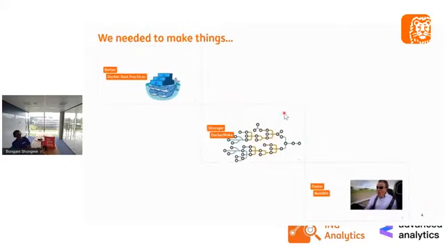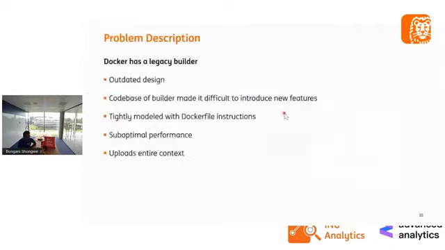Now the next step we needed to go, as Jeremy Clarkson would say, faster. So to go faster, we needed to improve our Docker build speeds. Not many might know, but the Docker builder that comes with Docker is quite a legacy builder. It has an outdated design, and the code base of the builder made it difficult to introduce any new features.